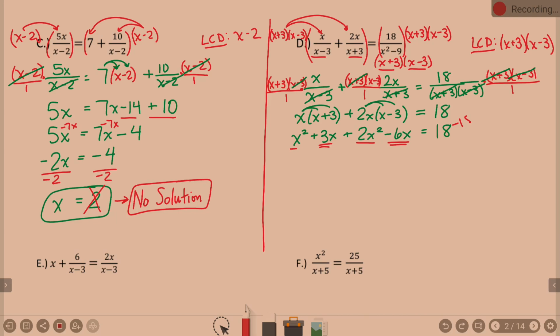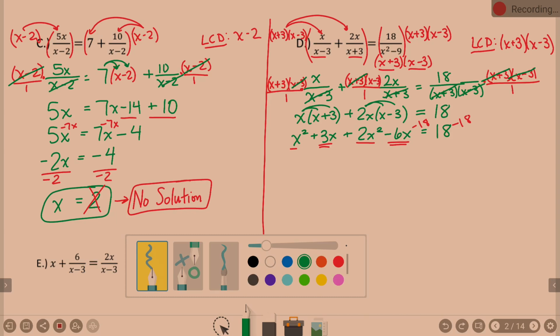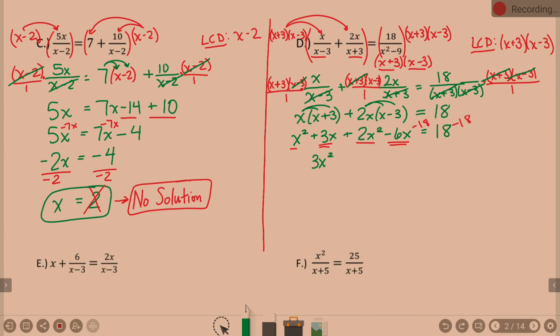So this step or the next step, either or. What do we have? X squared plus 2x squared is 3x squared. 3x minus 6x is negative 3x. And then subtracting the 18, so minus 18 equals 0.